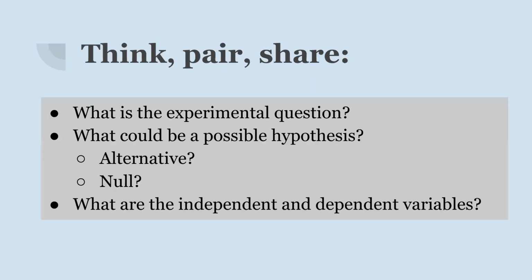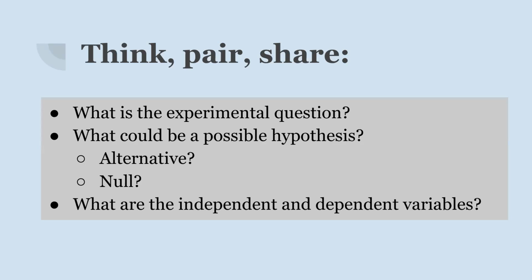So based on this, I want you guys to come up with the answers to this. I know this is kind of hard, right? What is the experimental question? So if we remember correctly, I scored 32, so we would think that I was a nighttime person, right?